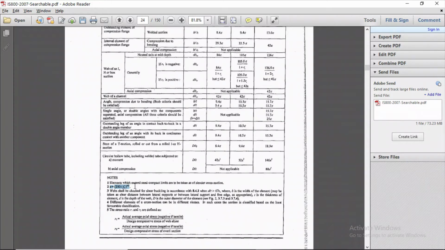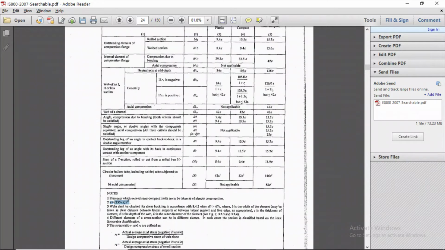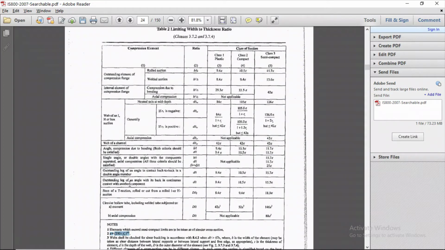So for an I section, you can see the compression element here, then there are ratios, then there are classifications. So you can refer, this first one is outstanding element of compression flange.